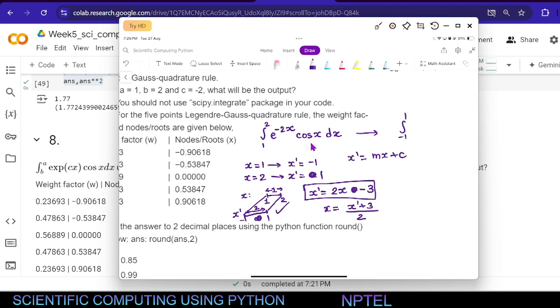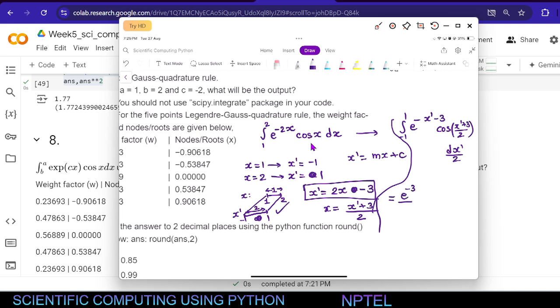So this will become integral from minus 1 to 1, e to the power minus 2x will become minus x prime minus 3, and cosine of x is cosine of x prime plus 3 by 2, right? And then dx is dx prime over 2, and so we can take this 2 out and e to the power minus 3 factor out.